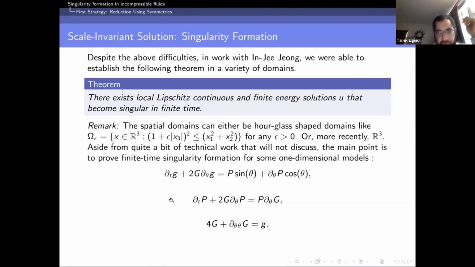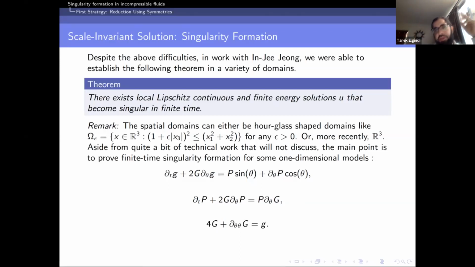This is just a small ODE argument. That means G is being forced by something which has a sign. So let's try to give G the same sign so that there's some kind of growth. And then you try to make the same sort of arguments on derivatives.